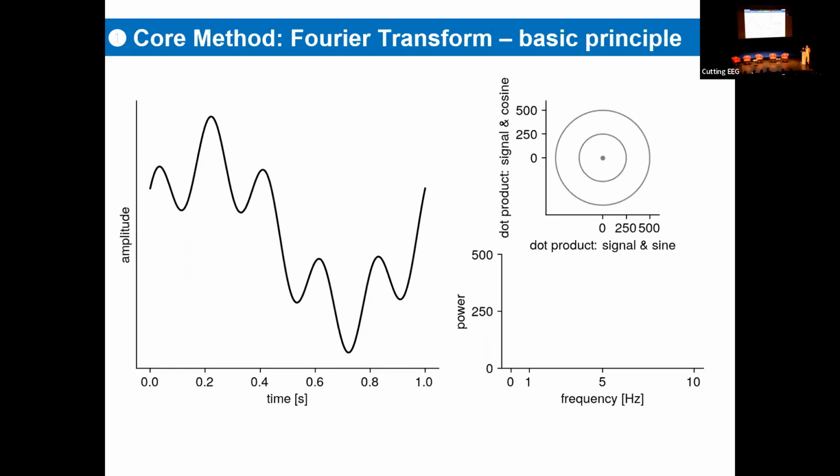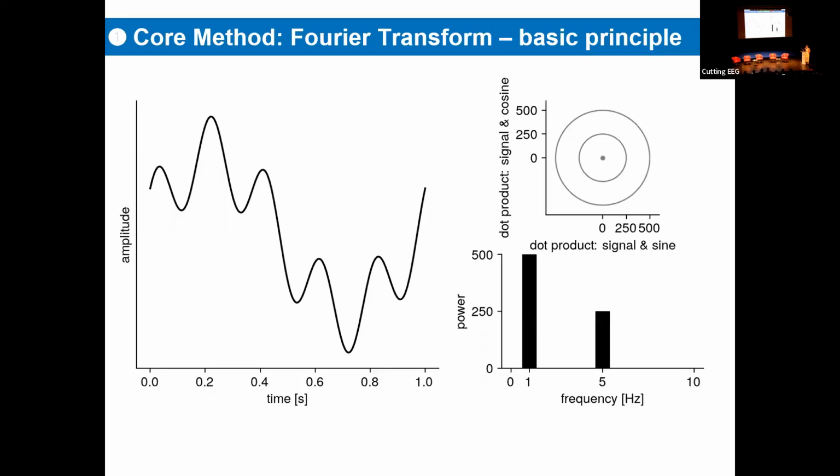Imagine this is a small snippet, just imagine it to be infinitely long. What we do is we try to see how such a signal is captured by a set of basis functions. And the basis functions we choose here are sinusoids.